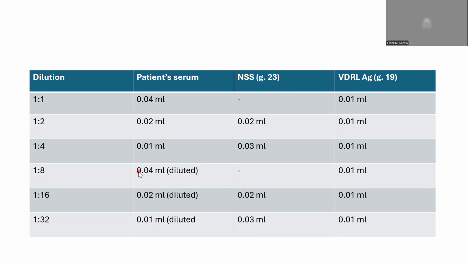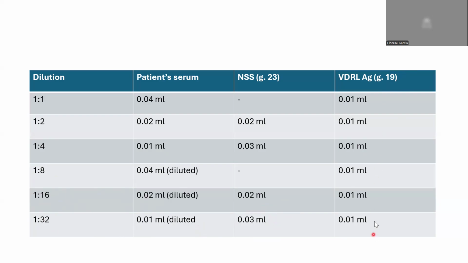Since your diluted serum has a dilution of 1:8, your final dilution is 1:16. And in your last reaction circle, you add 0.01 ml of the diluted serum and 3 drops of your NSS.